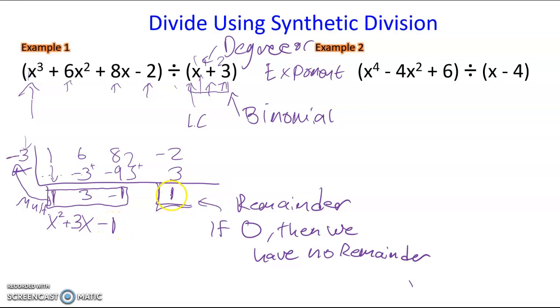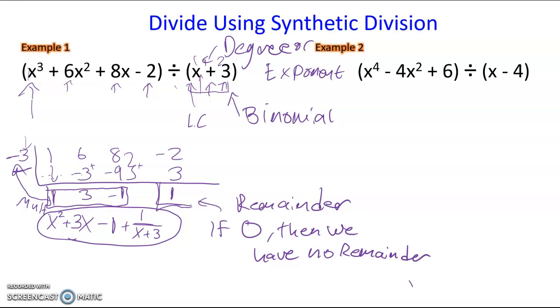And then because I have a remainder here, I have to take it plus whatever this remainder is, over, this is going to turn into a fraction, over my original divisor, the x plus 3. This is going to become 1 over x plus 3. And that right there is our final answer when dividing out, all right?